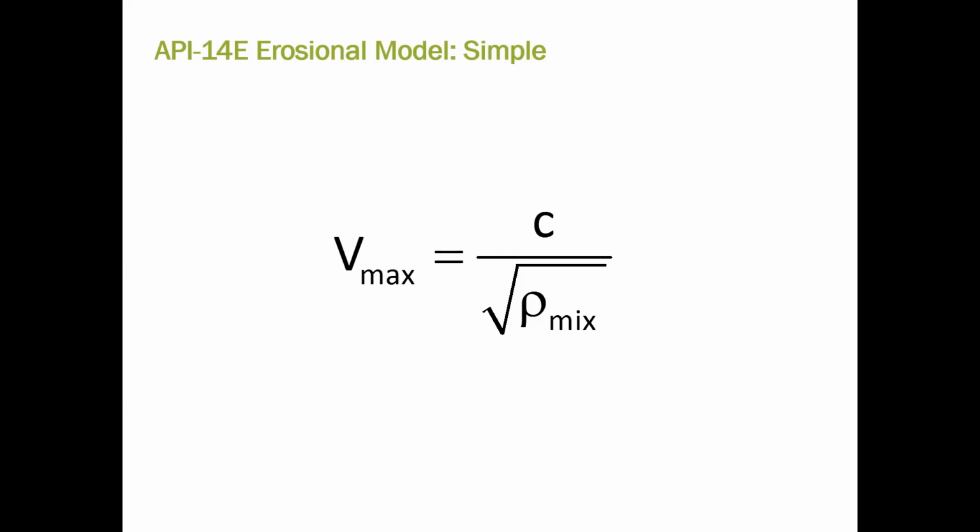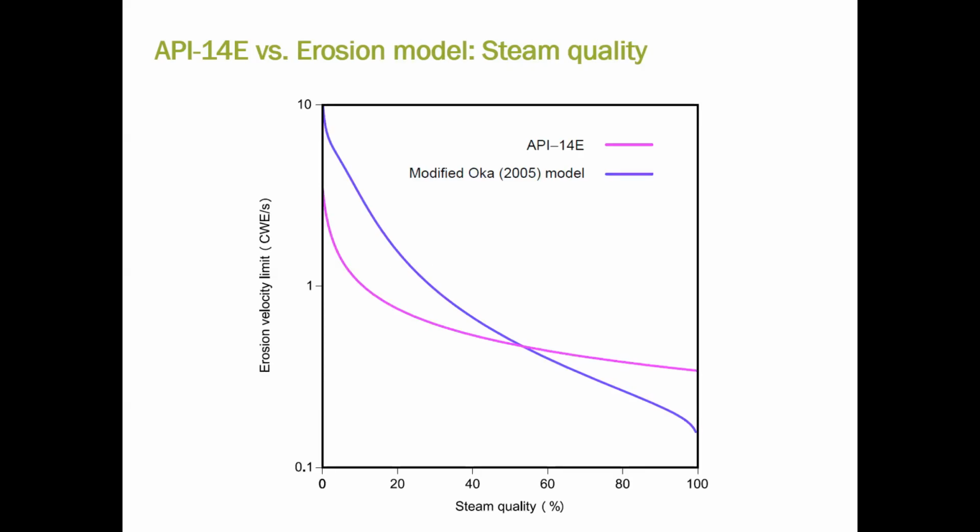It doesn't take into account the material behavior or particle size distributions, and it's really meant for liquid droplets, not sand, but even for that it has a lot of limitations. This is the comparison of the API 14E erosion equation versus one famous mechanistic erosion model called OCA.